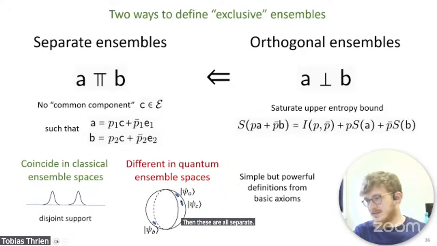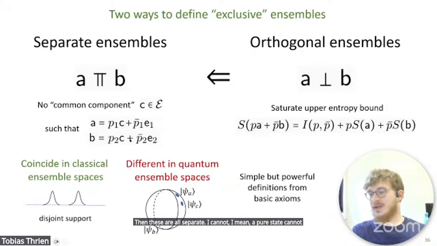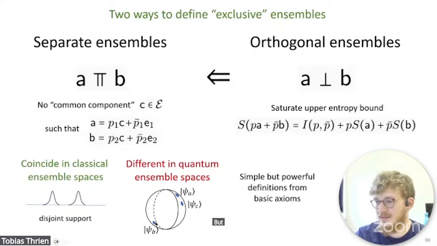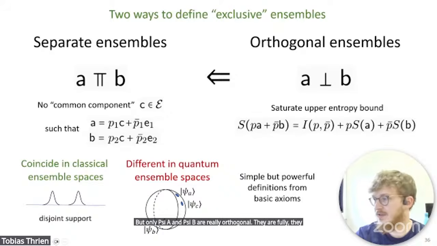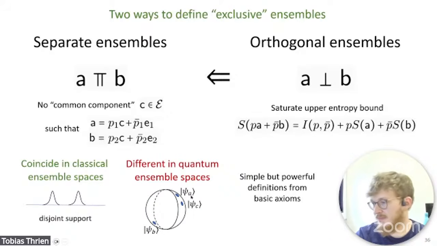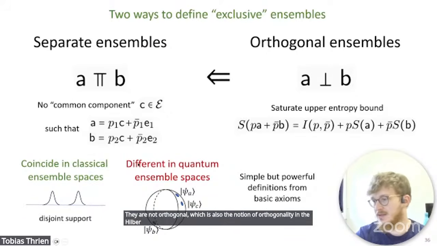A pure state cannot be mixed from anything else anyway, so they are all separate. But only psi A and psi B are really orthogonal. They are mutually exclusive. But phi A and C, they are not orthogonal, which is also the notion of orthogonality in the Hilbert space sense.